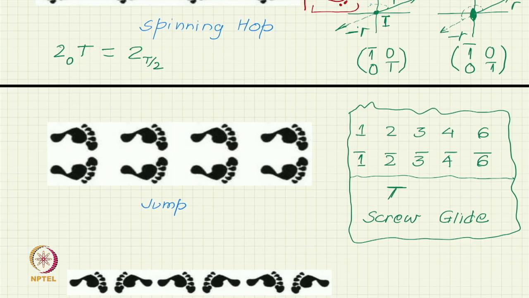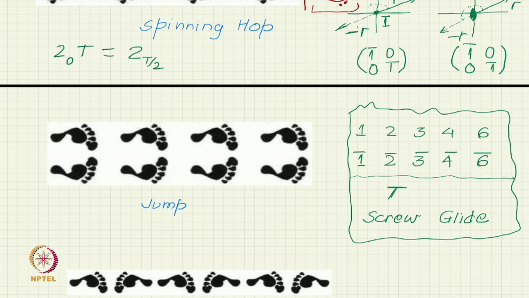And since it is symmetry, it has to satisfy the group property, because by the very definition of symmetry we are demanding that the object is left invariant, comes into self coincidence. If one operation brings it into self coincidence, and another operation brings it into self coincidence, the combination, one followed by another, has to bring it into self coincidence.